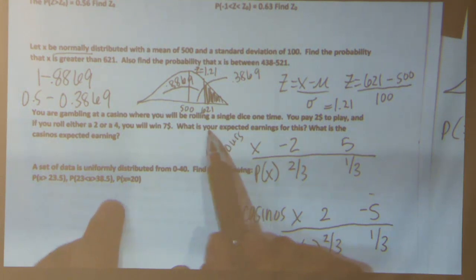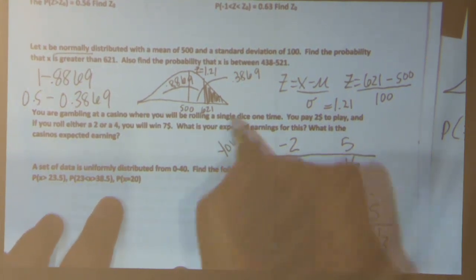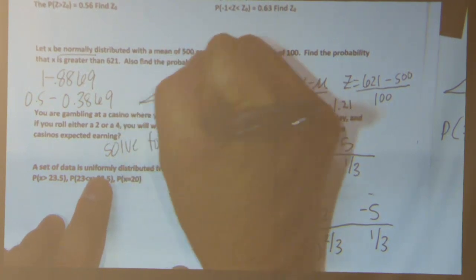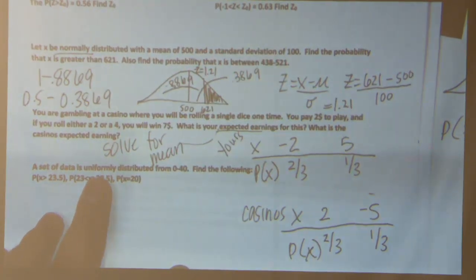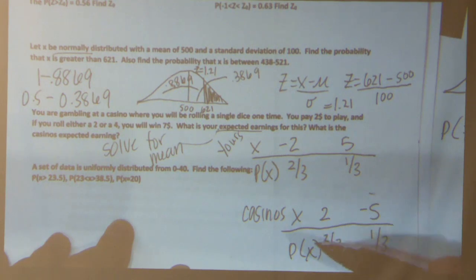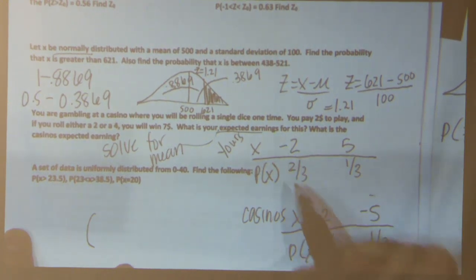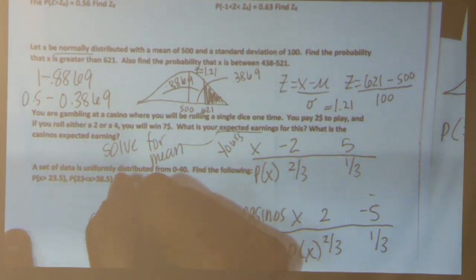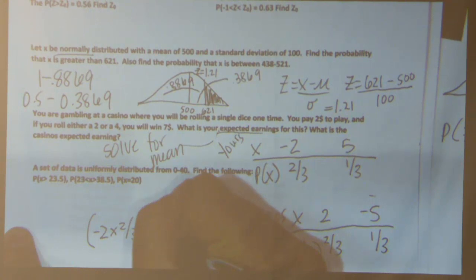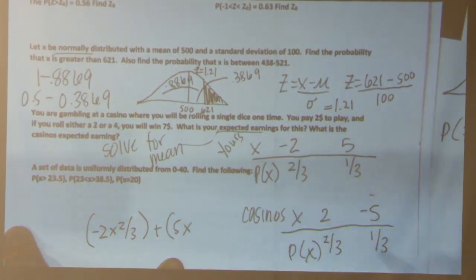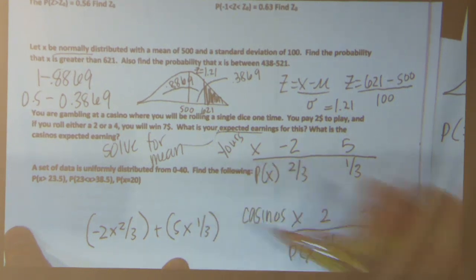So whenever they say expected earnings, it's really asking you to solve for the mean. So these are both discrete problems. To solve for the mean, we're just going to take the x value times its probability, so -2 times 2/3, added to the 5 times its probability of 1/3.